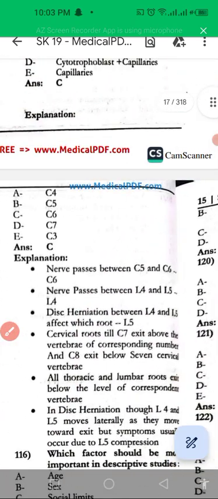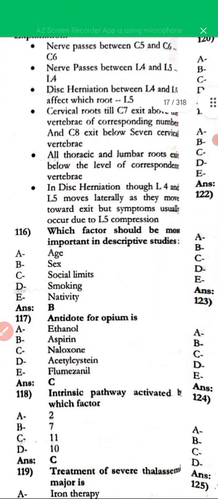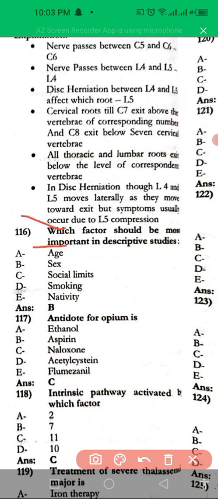The next one: which factor is more important in a descriptive study? That is the sexual factor. Antidote for opium is naloxone. The intrinsic pathway is activated by factor 11.